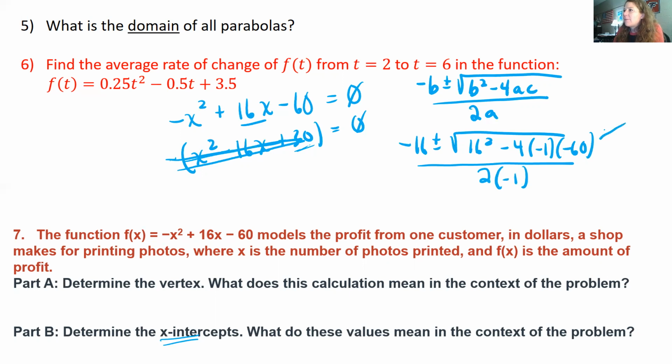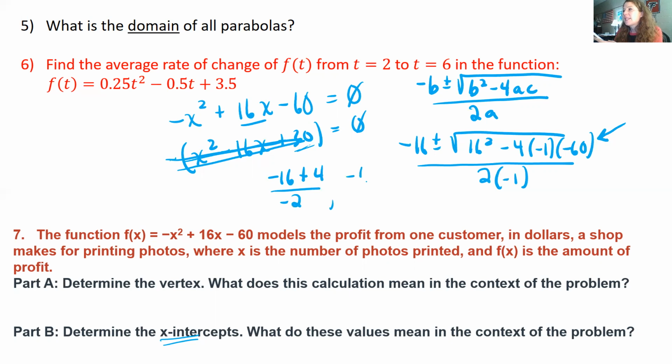All right, so in my calculator, I'm starting out with just what's under the radical. So 16 squared minus 4 times negative 1 times negative 60 is equal to 16. Oh, it was a whole number, you guys. So we have that it's the square root of 16, which is 4. So we have negative 16 plus 4 divided by negative 2.